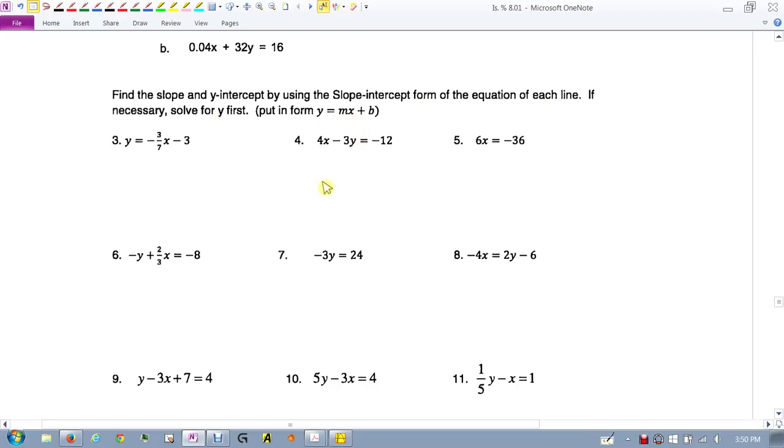So why don't we do 3, 4, 6, 10, and 11. So for those problems right now, I want you to get it into the form, figure out what m is, what b is, and then graph it.